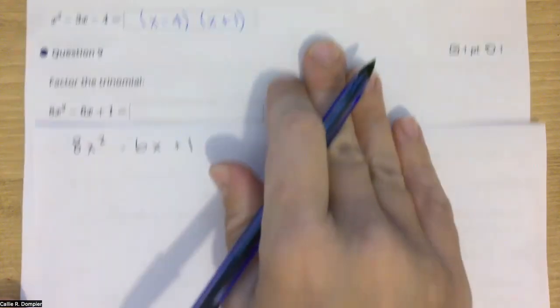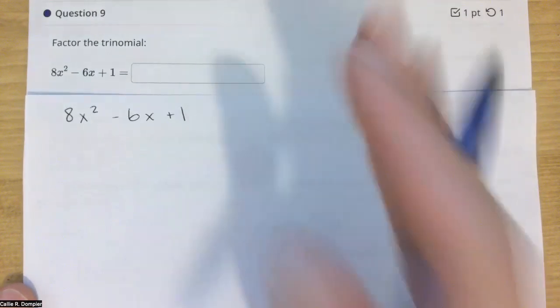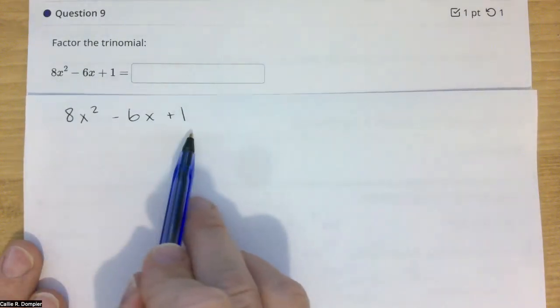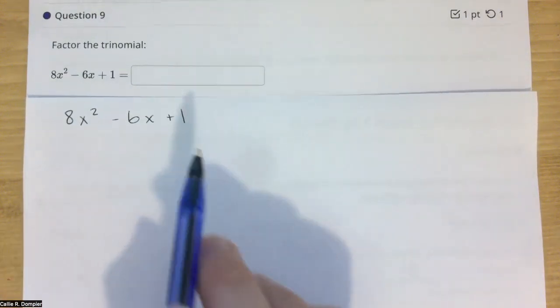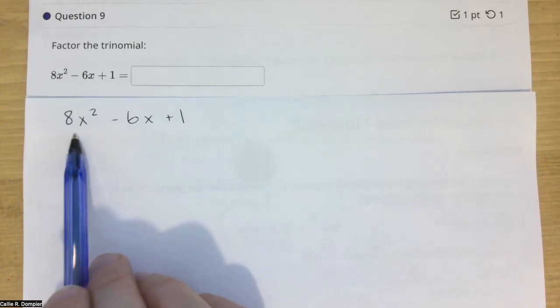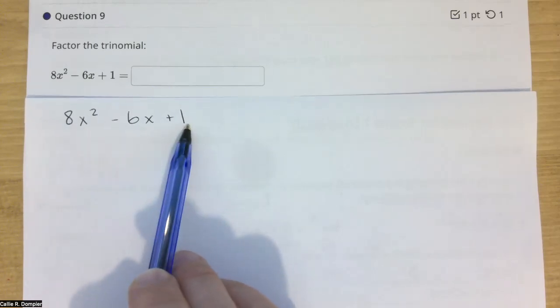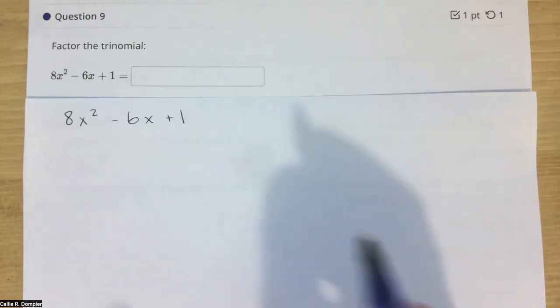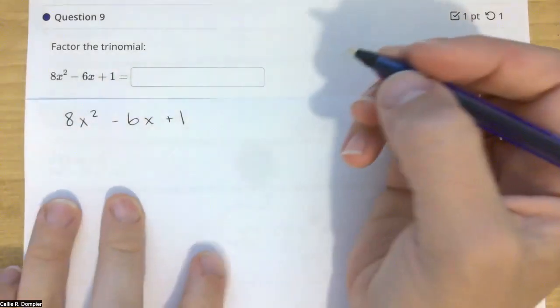It's always a good idea as well to make sure you don't have any common factors of these three. So is there anything you can divide out of this? Like if this was 8x squared minus 6x plus 4, you could divide out a 2, for example, okay? There's nothing we can divide out of here, but just to note.